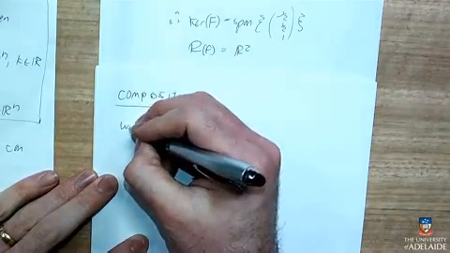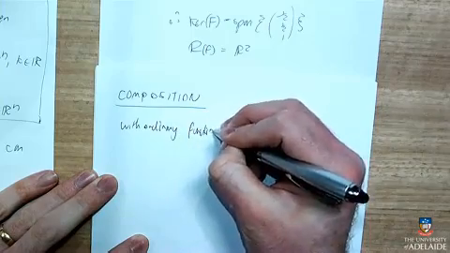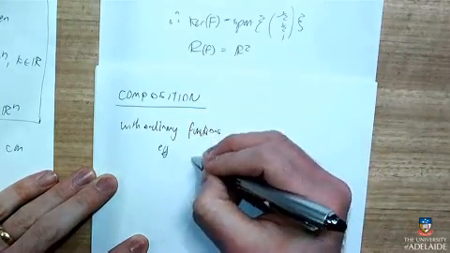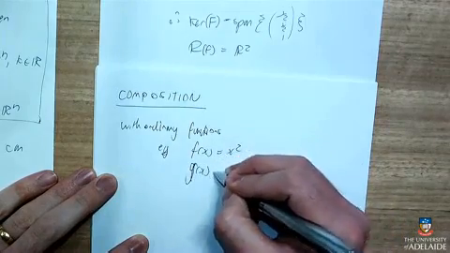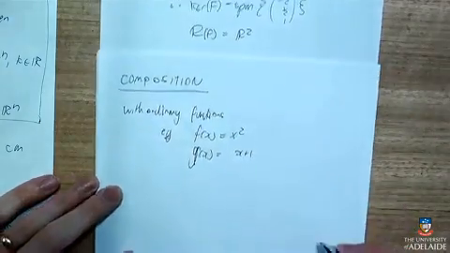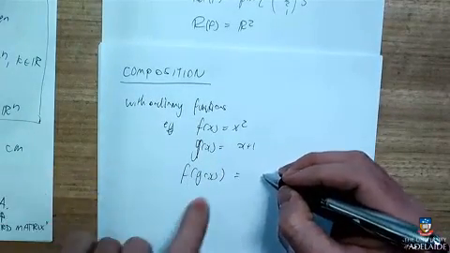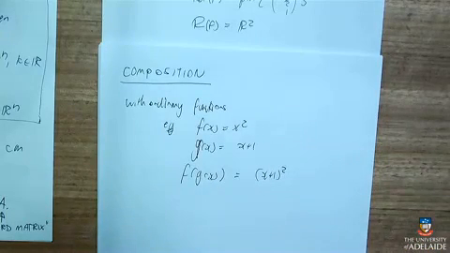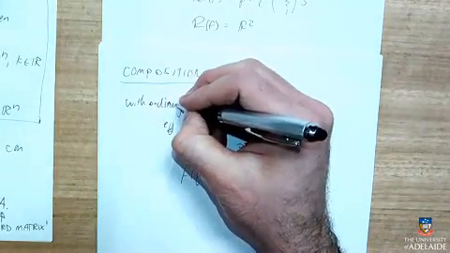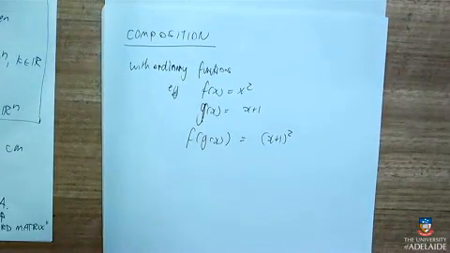So with ordinary functions, you might do something like f of x is x squared, g of x is x plus 1. And so you'd go f of g of x is putting g of x inside of f of x. Ta-da, that's composition. That's with ordinary functions. So with linear transformations, it's the same deal.